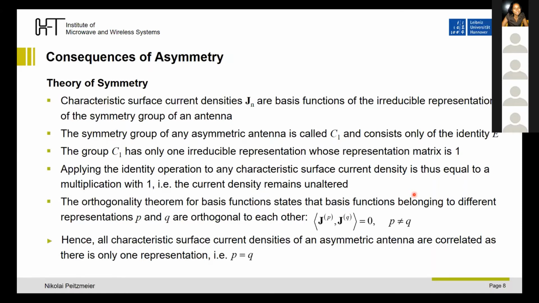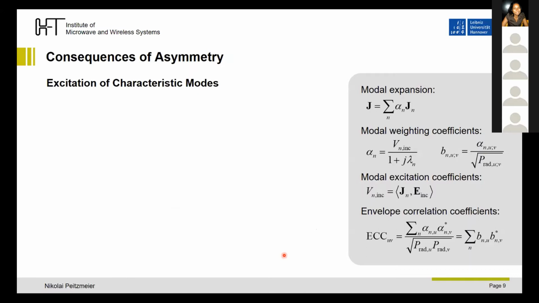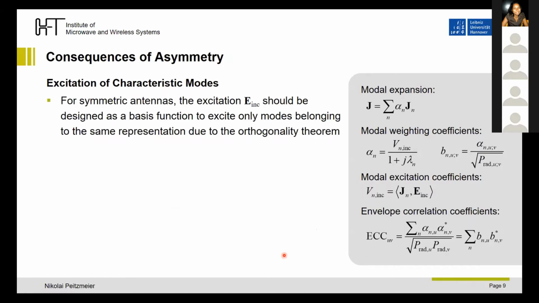So we can conclude in a general way, and that's why we have this complicated terminology, that all characteristic surface current densities on an asymmetric antenna are correlated with each other, at least to some extent. And this has direct consequences on the multi-mode antenna design, on the excitation of characteristic modes.